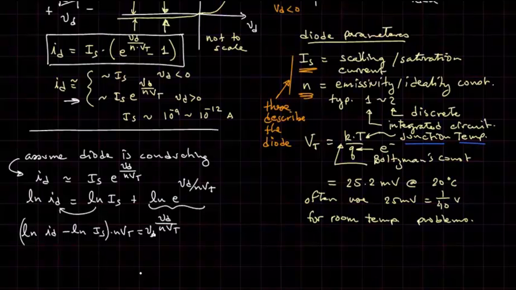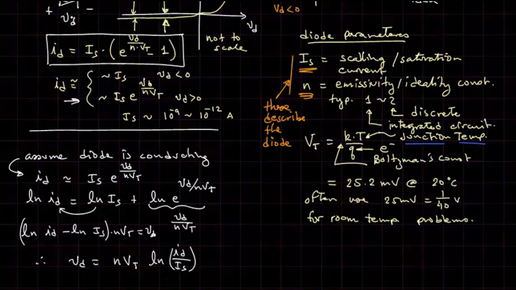And let's clean this up. Okay, so therefore we can write Vd, the diode voltage, is equal to nVt times, and I'm going to combine the difference of these logs, log of the quantity Id over Is.